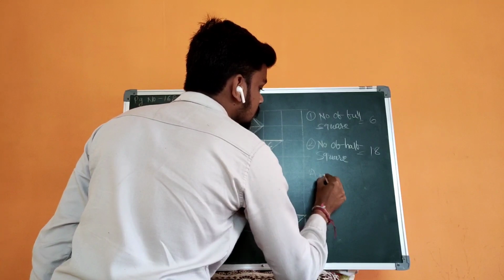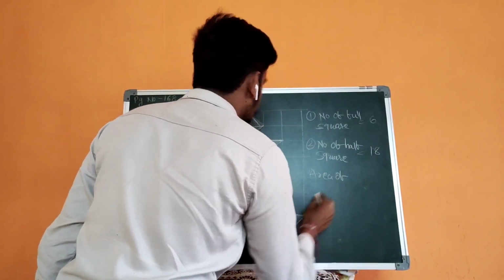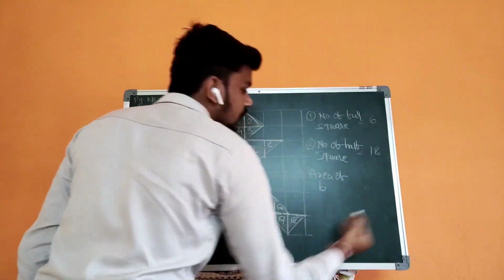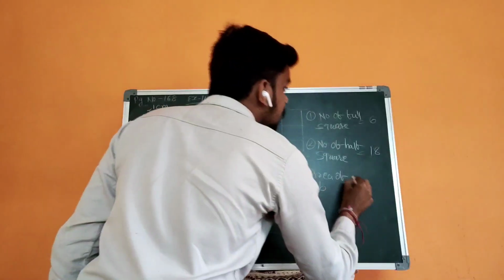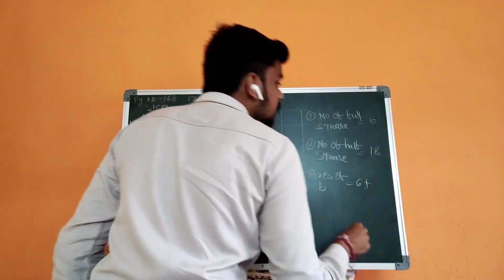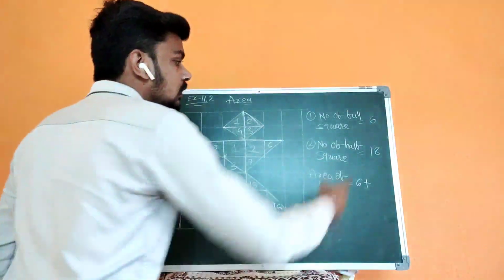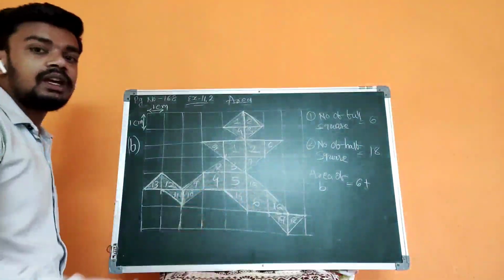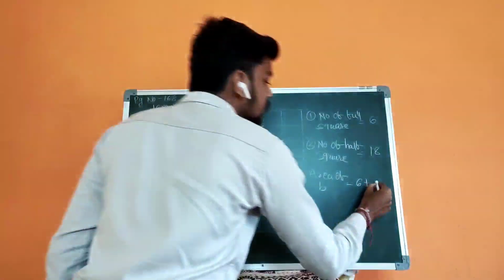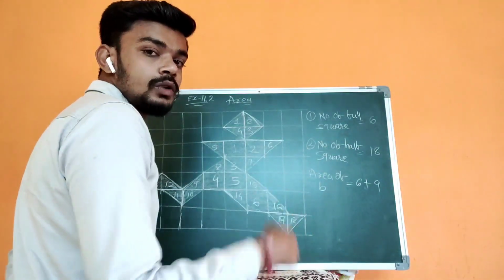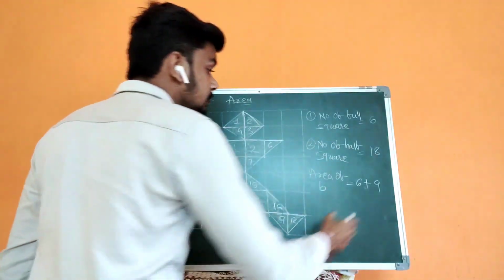Now the area of this tangram shape B is equal to the number of full squares, which is 6, plus the number of half squares, 18, divided by 2, which gives 9, because 9 twos are 18.